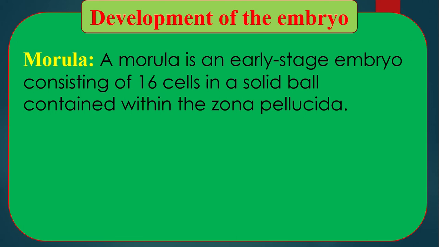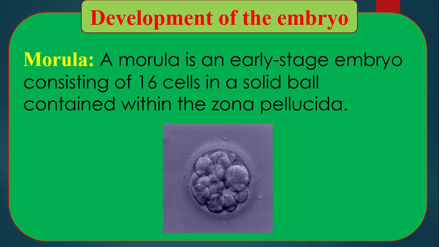At this stage, mass of cell of the growing embryo is called blastocyst. This is the picture of morula. 16 cells are there. That means morula is one of the stages of cleavage.